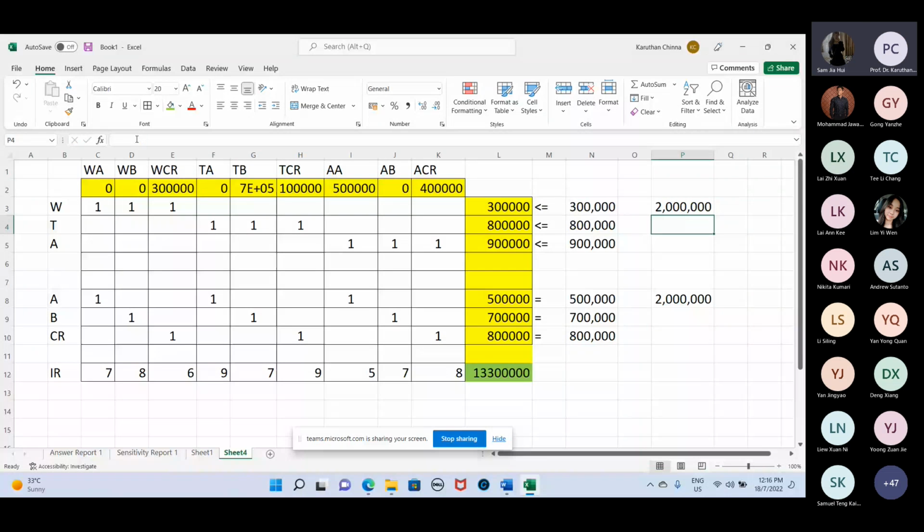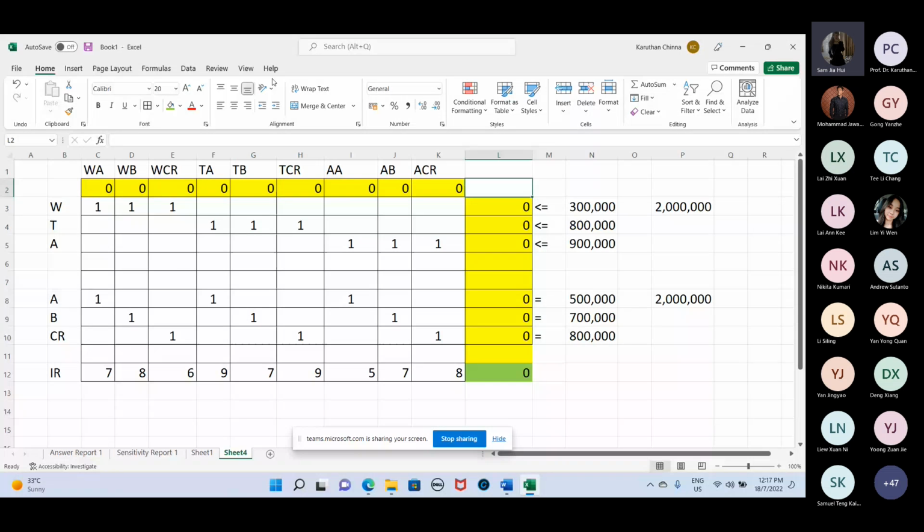It's a balanced problem, right? So what's wrong? I'm concerned about this value. Let's run again. Is anything wrong here?